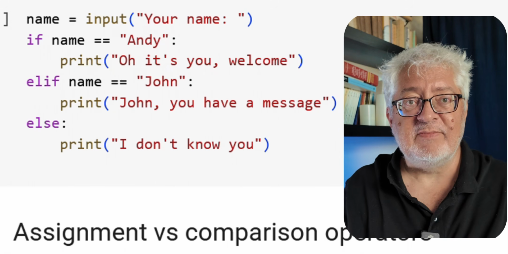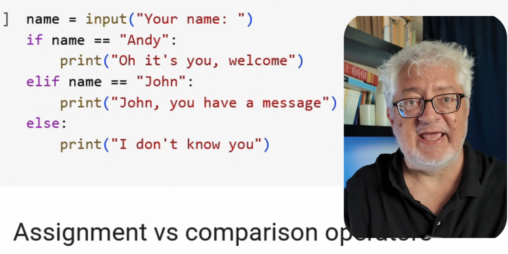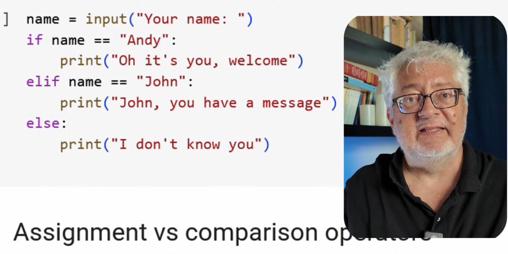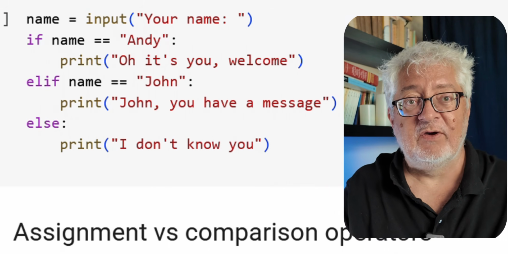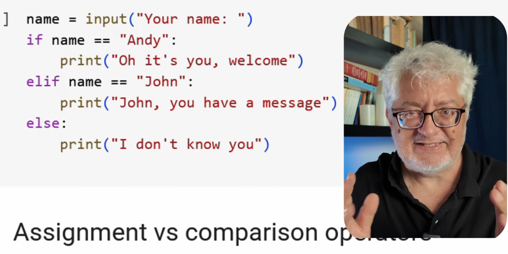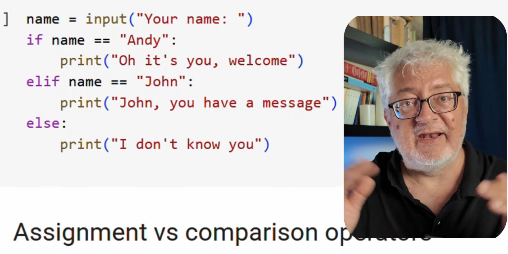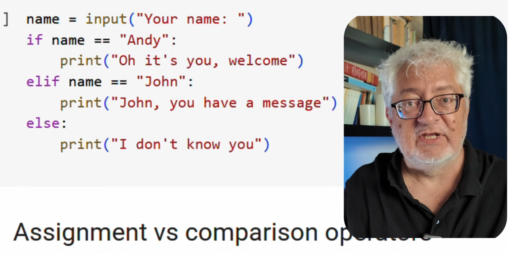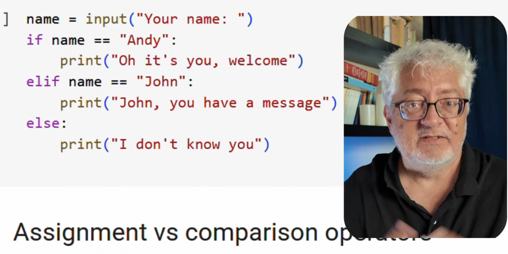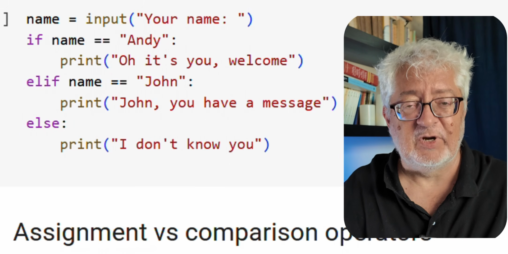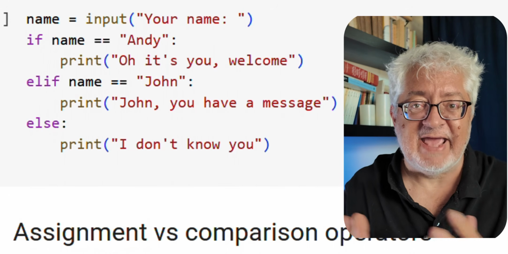I input my name, and if my name is Andy, then it says it's you, welcome. Elif, and this is an else and an if together. Else, if my name is John, then it says, John, you have a message. Else, it says, I don't know you. Right? So the elif is nothing but an else and an if.